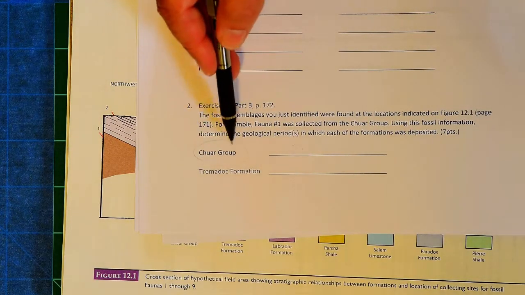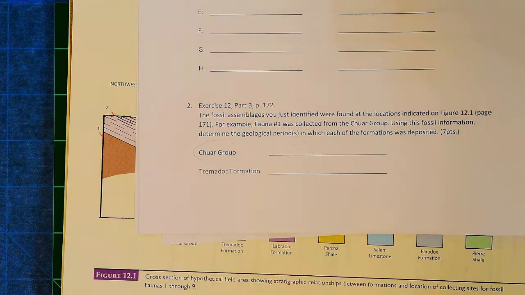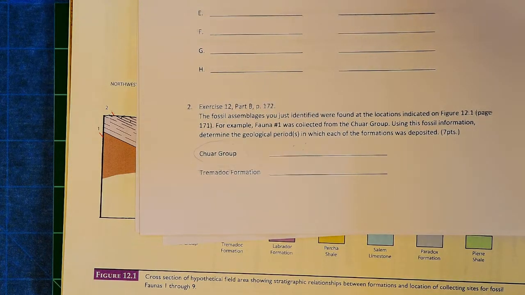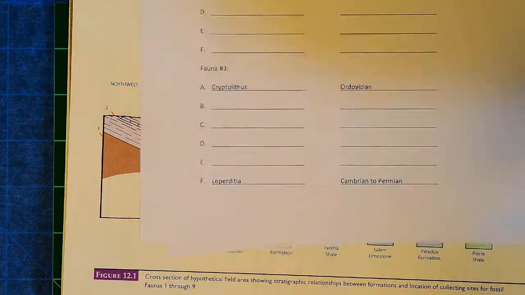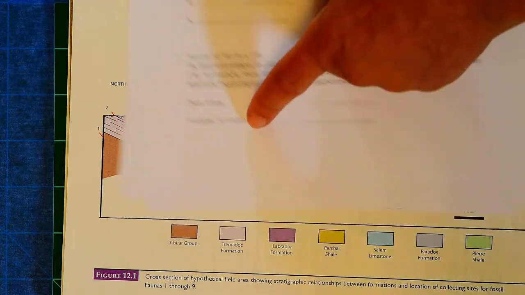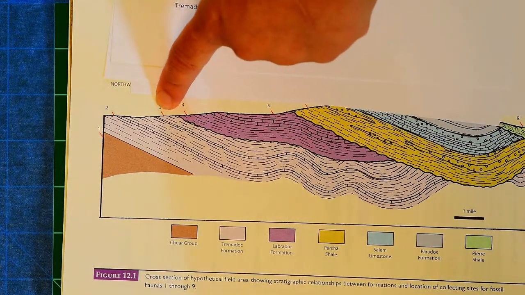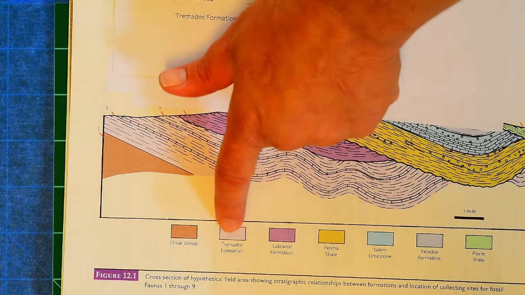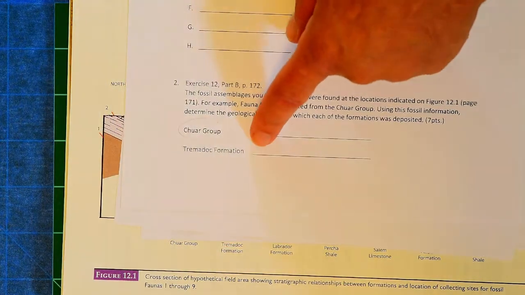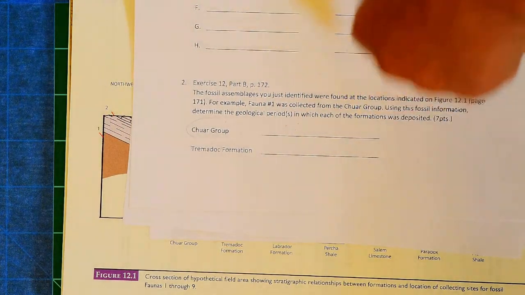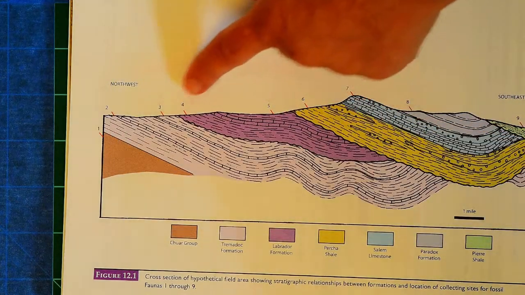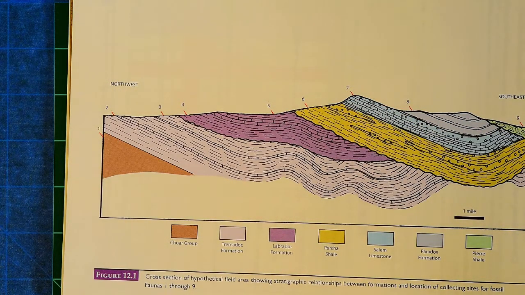So the Chuar group is going to be from the Proterozoic. Then you'll look at where all of your fossils for fauna 2 and fauna 3 came from, right? Because those are both in the Tremadoc. And you'll figure out what the age of the Tremadoc formation is. And do that for all of those different formations.